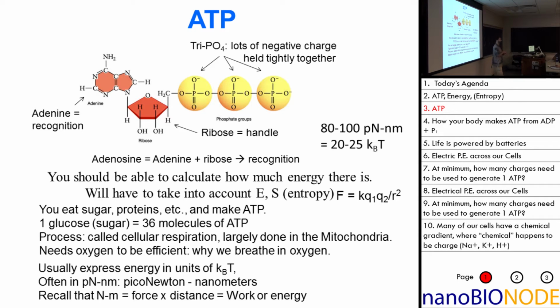They're all much larger than a single ATP. In fact, a single sugar molecule typically gives you 36 molecules of ATP. Okay, so now a long-winded answer, sorry, is why does this have a range?